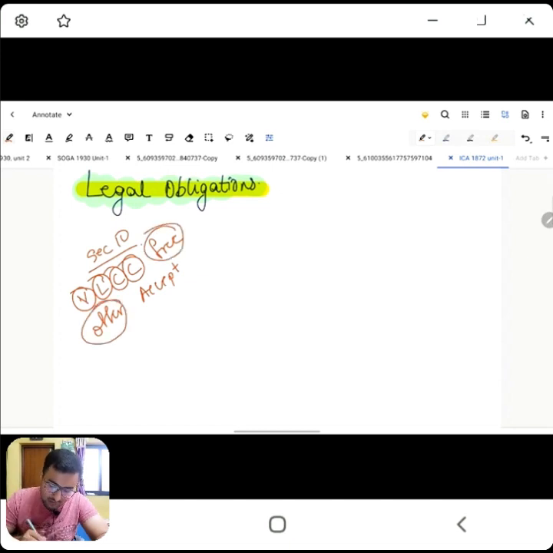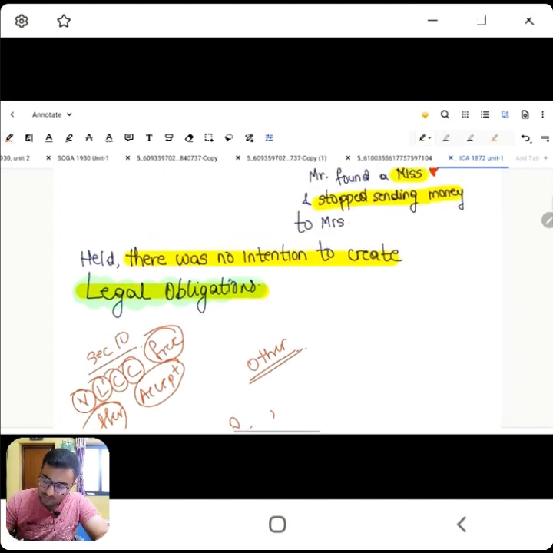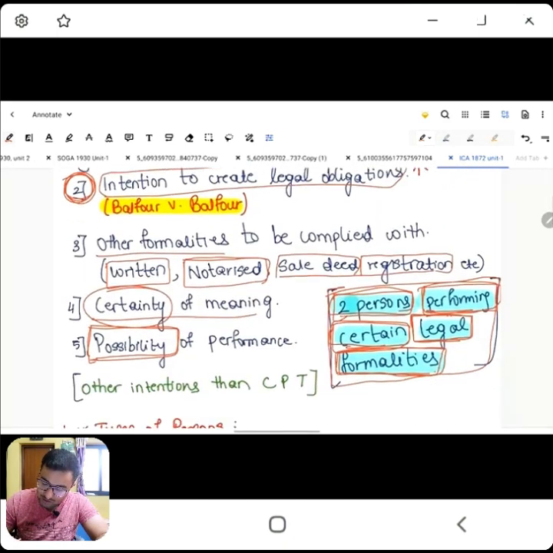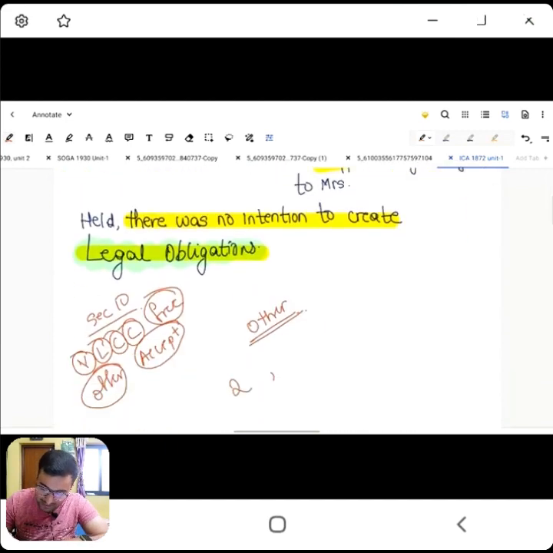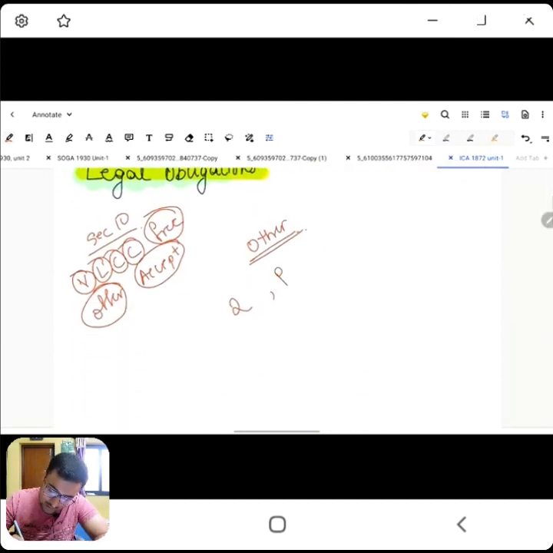There has to be offer and acceptance. And there are some other conditions wherein we studied: two or more persons. Two persons were doing what? I mentioned it here for you. Two persons were performing certain legal formalities, right? Possibility of performance, certainty of meaning, legal obligations, and all other formalities have to be complied with.